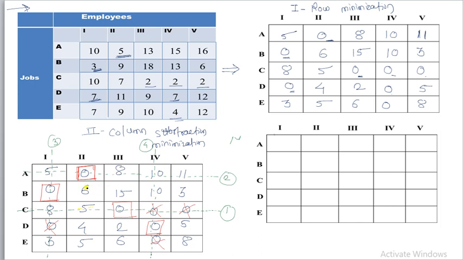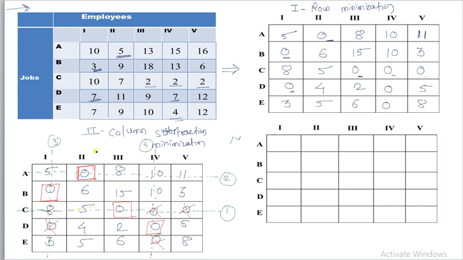Uncovered means the numbers through which no line has passed: 6, 15 and 3 are uncovered, and also 4, 2, 5, 8, 6, 5. The third category is crossed, meaning where two lines cross each other. Here it is crossed, and here it is crossed.